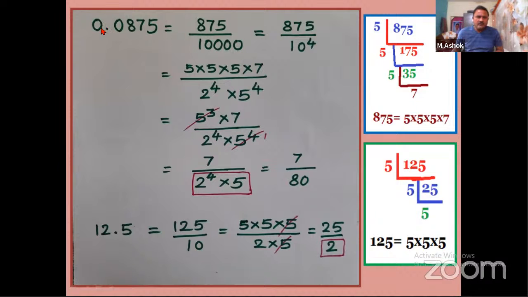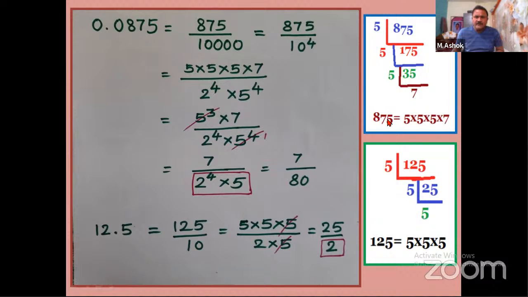After removing the decimal point, write the same number as numerator, and for the point put 1, and for 4 digits put 4 zeros. So 875 by 10,000. Now the prime factorization of 875: 5 1s are 5, 5 7s are 35, 5 5s are 25, 5 3s are 15, 5 5s are 25, 5 7s are 35.